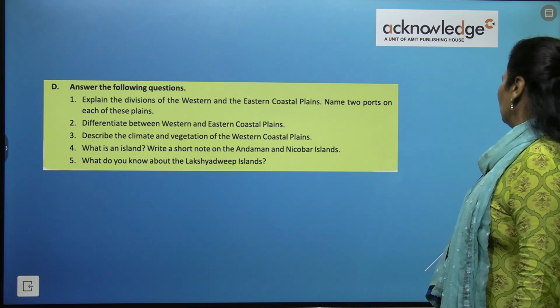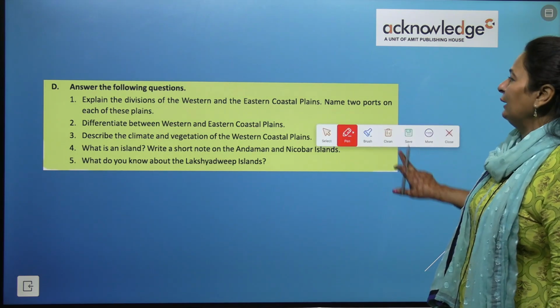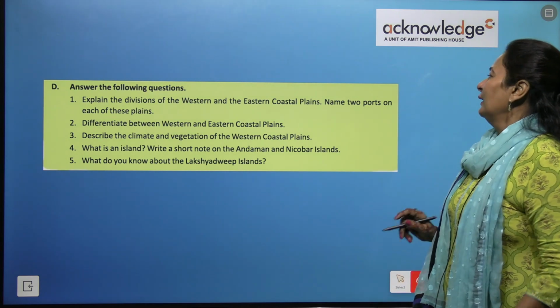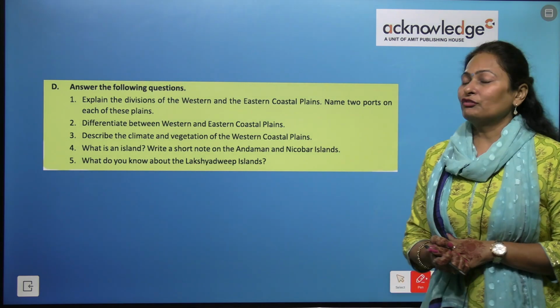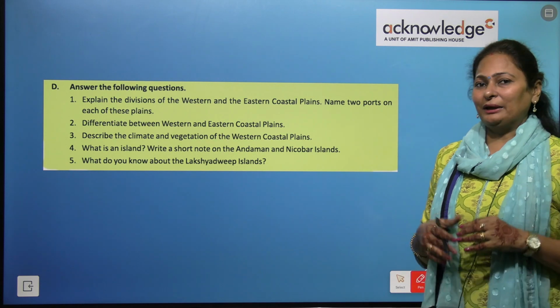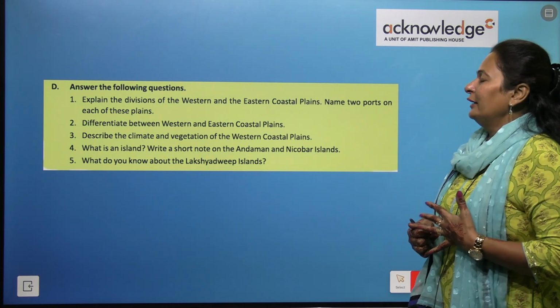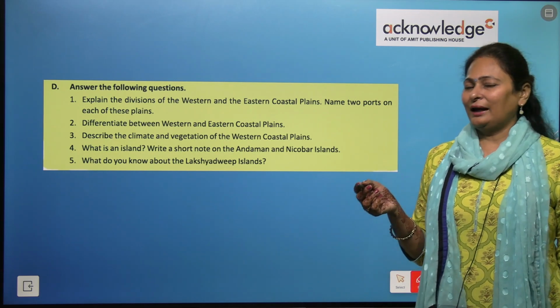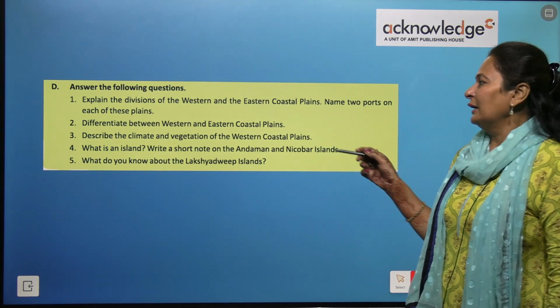So let's do the question answers. Explain the division of western and eastern coastal plains. Name two ports of each of these plains. We have done that. Differentiate between western and eastern coastal plains, that you can do very easily.